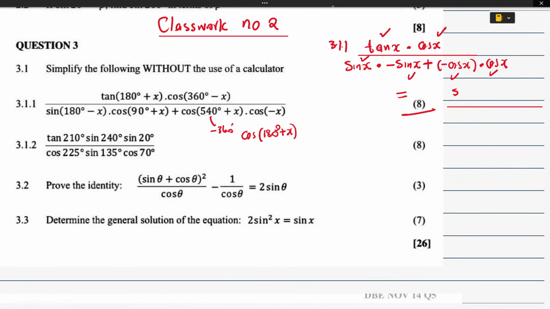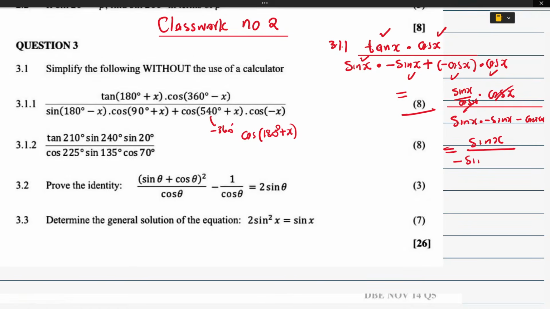So how do you change tan? It's sine x over cos x, remember? Multiply by cos x. Therefore, this one will be sine x multiplied by minus sine x, over minus cos x multiplied by cos x. Now, cos and cos will cancel. At the numerator, we are left with sine x over the bottom part.